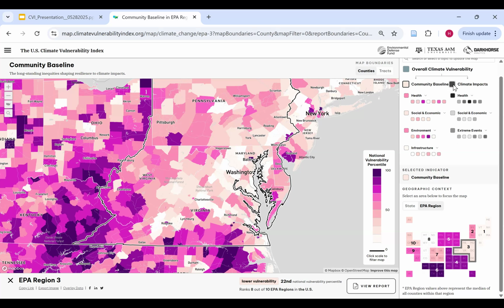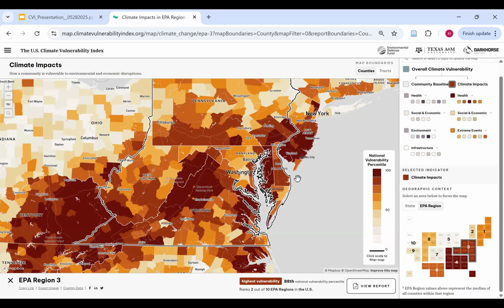If you click the climate, it's going to give you a different color. At the same time, the regions have their own different rankings. As you can see here, region 4 is highly affected compared to the others when you see the climate impacts. You can also see the states.